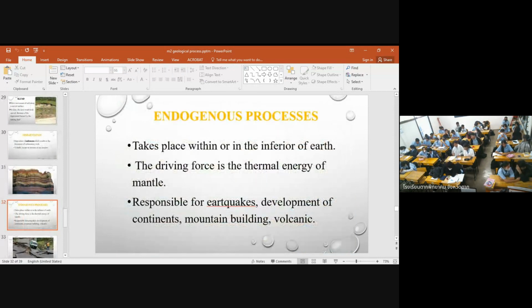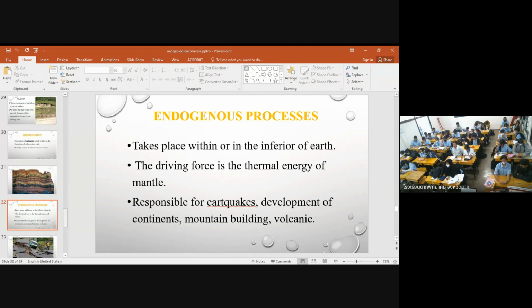We have the indigenous processes. It takes place within the interior of the earth. Listen, the driving force is the thermal energy of the mantle. It is responsible for earthquakes.